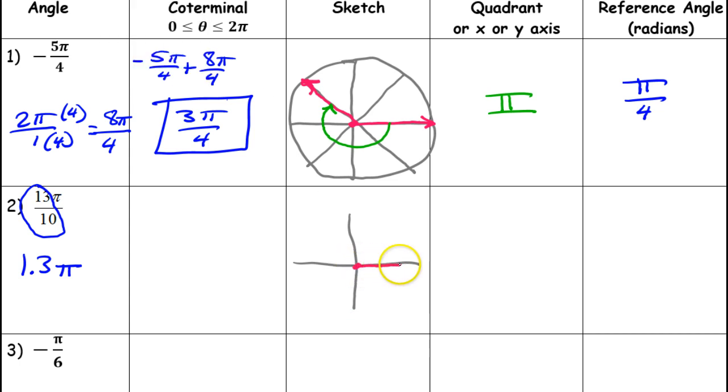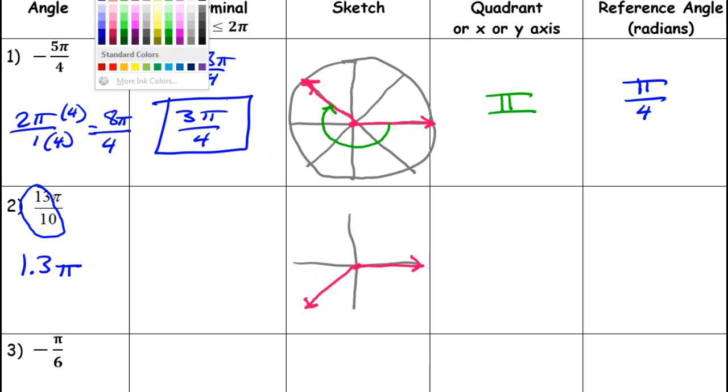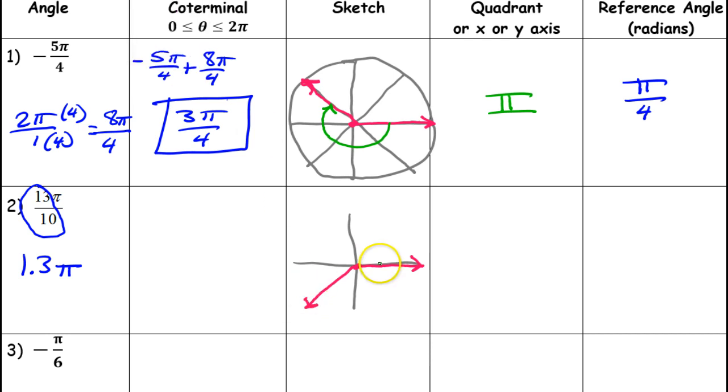Here is the initial side, which is always the positive x-axis, and the terminal side is going to be somewhere here in the third quadrant. So this is part of my drawing. That is a sketch of 13 pi over 10. Now that is between 0 and 2 pi already.